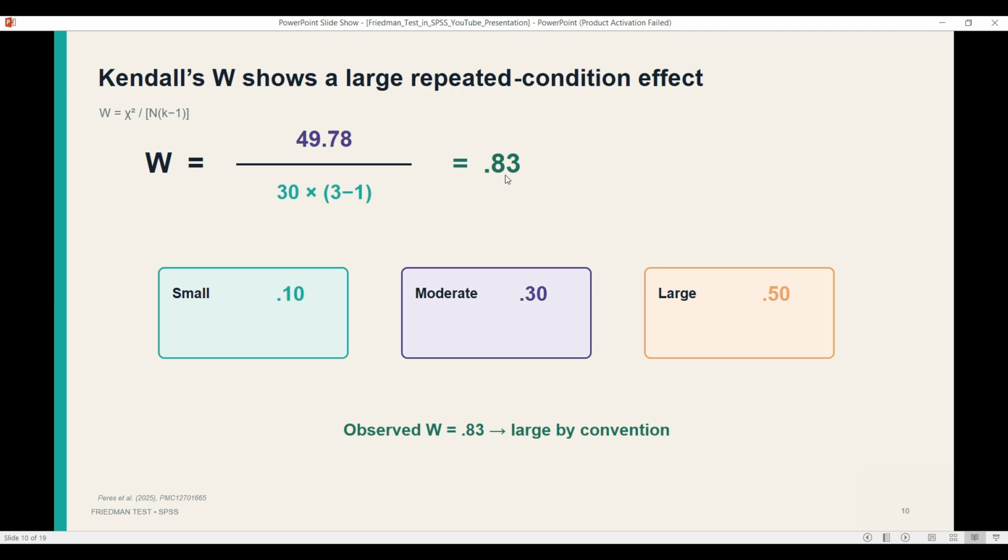So we get a Kendall W of 0.83, which shows a large improvement. Because 0.83 is larger than 0.50, there is a very large improvement from baseline to after 1 month.